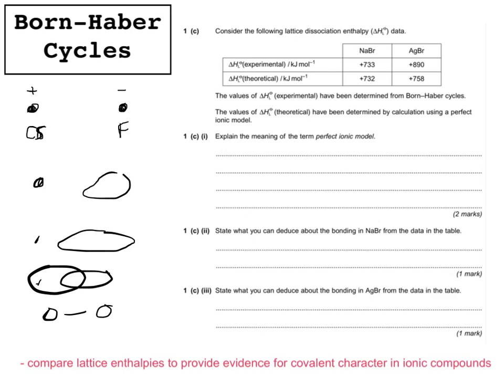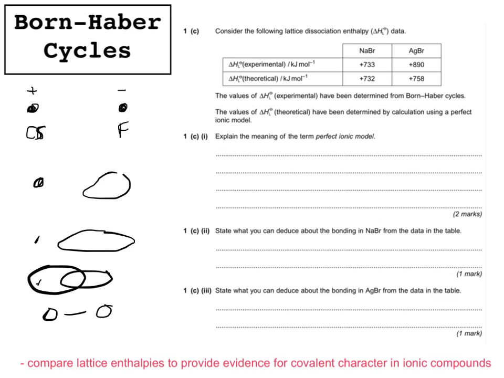And you can see if there's covalent character within an ionic compound based on the comparison between an experimental lattice enthalpy and a theoretical lattice enthalpy, because the theoretical lattice enthalpy is based on the assumption that the perfect ionic model exists in the ionic compound.